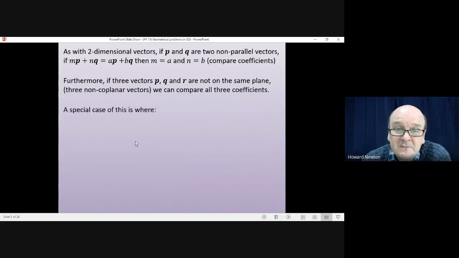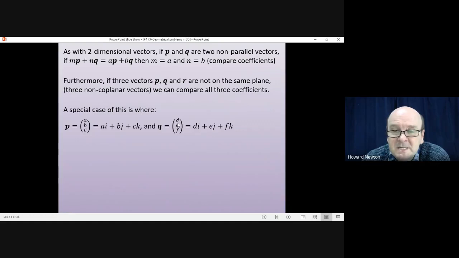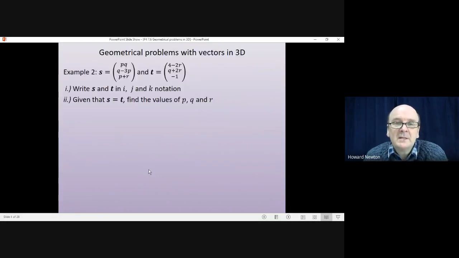A special case of this is where the vector p is just (a, b, c), which is ai + bj + ck, and the vector q is (d, e, f), di + ej + fk. And if p is equal to q, then a must equal d, b must equal e, and c must equal f.